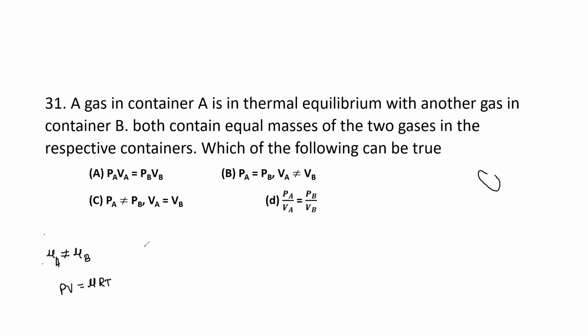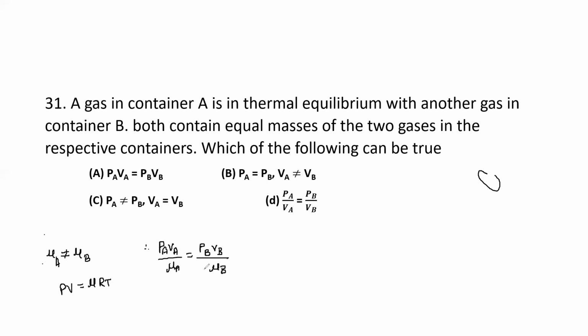The next, for two gases, we can write PA VA divided by mu A is equal to PB VB divided by mu B. As the temperature of the container is equal, that term will get cancelled, and R, the universal gas constant, will also get cancelled.